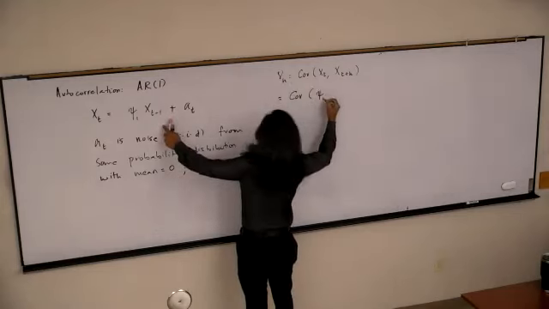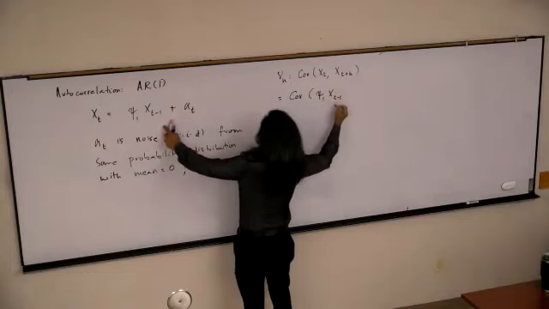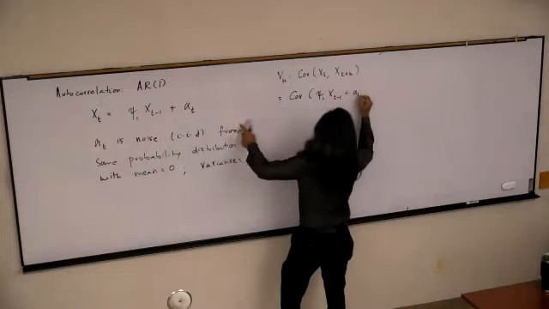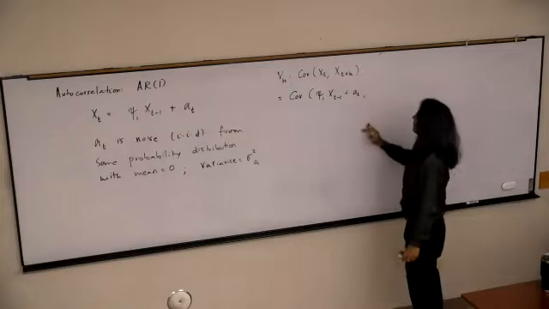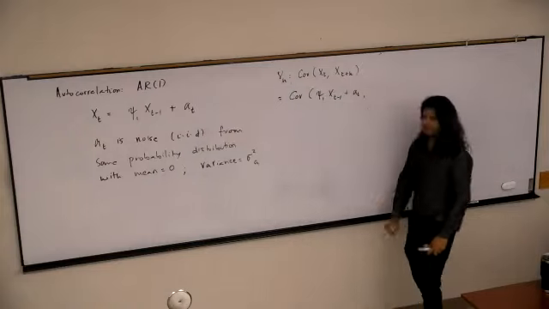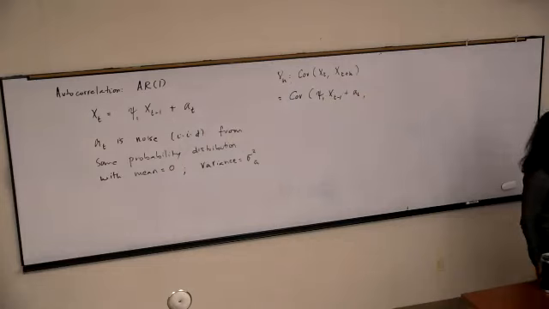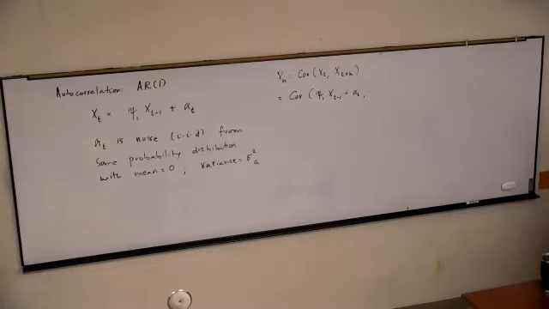Xt equals psi 1, xt minus 1 plus At. If you have to write xt plus h, how would you write it?